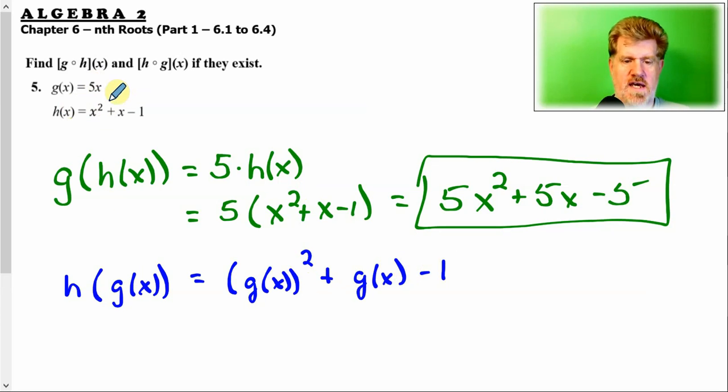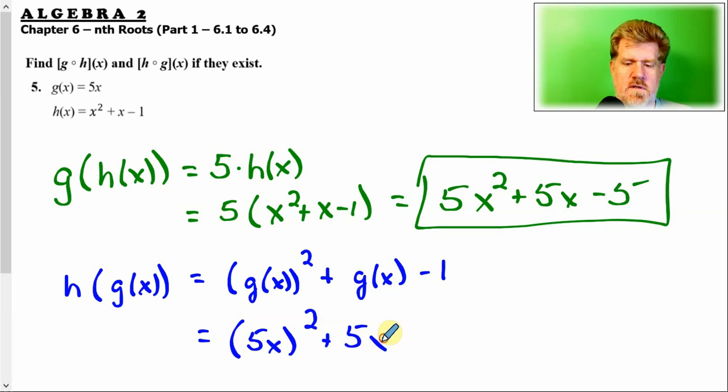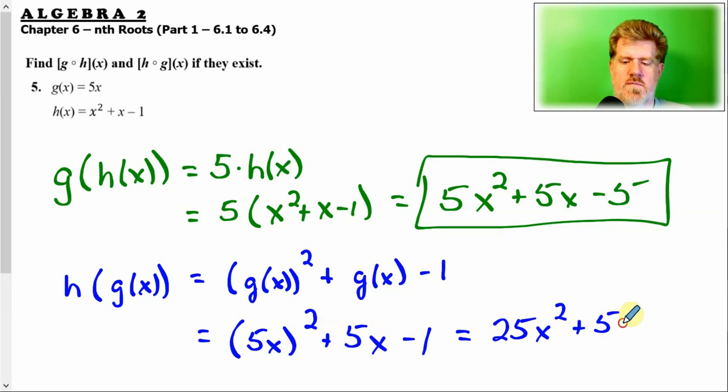Wherever there was an x, now goes a g of x. Right? And what is g of x? Well, g of x equals 5x. So when I multiply that out, 5x squared is 25x squared plus 5x minus 1.